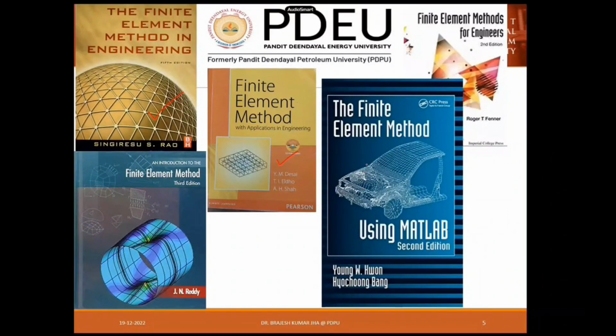If you want to go from the programming point of view, MATLAB is there, Nam Bang, that you can study. And if you are going for the engineering application point of view, J.N. Reddy is very good to study. I recommend S.S. Rao, you need to study it, because chapter-wise, point-wise, it is very well defined.